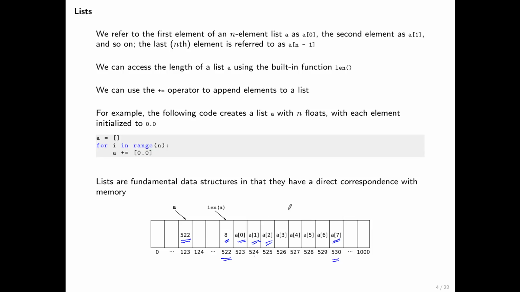So if you know that you want, let's say, the 5th element of a list, you can simply get it out by saying A at 5, and because of this kind of storage mechanism, you are able to get that element out extremely efficiently. And that's what we mean when we say that there is a direct correspondence between a list and memory.